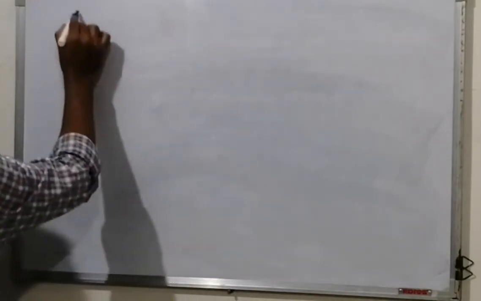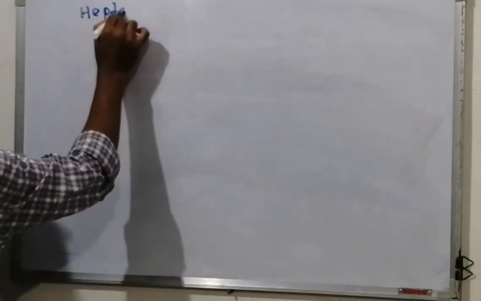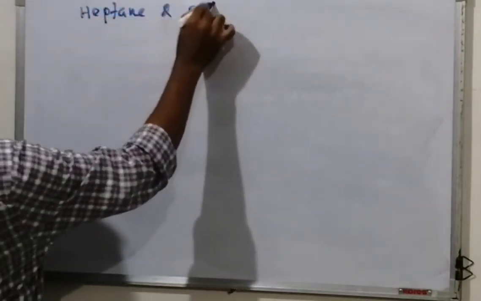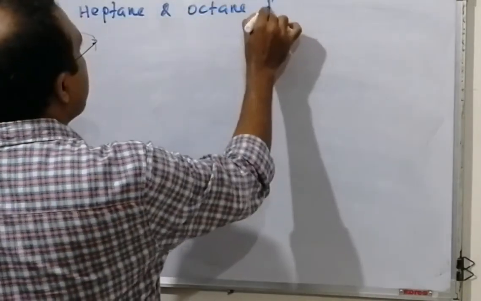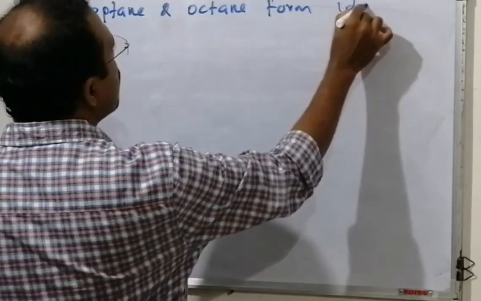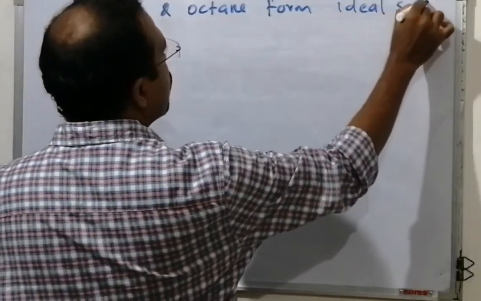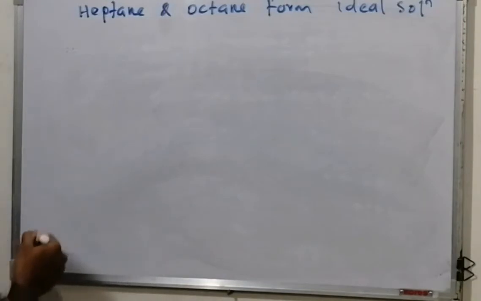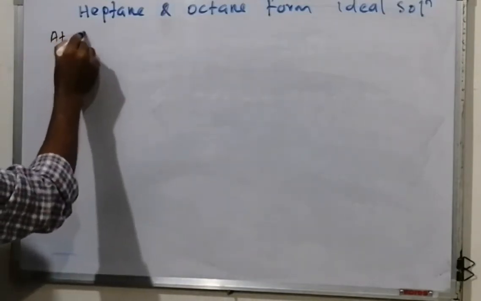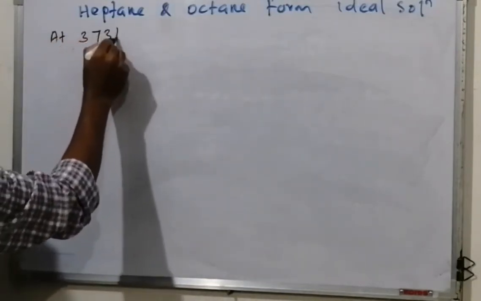Heptane and octane form an ideal solution at 373 Kelvin.